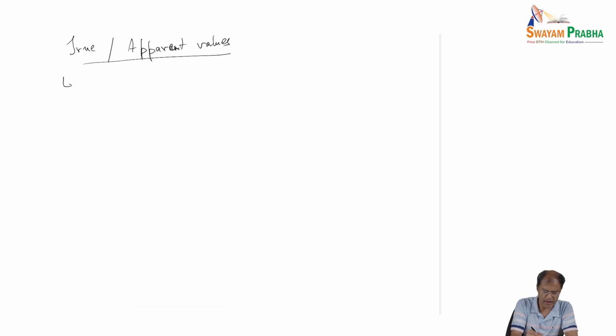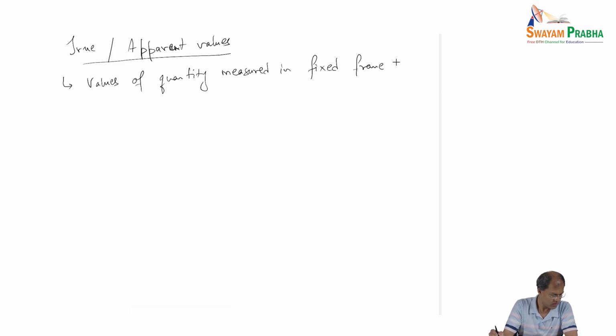The values of a quantity measured in the fixed frame is F, and the values of the quantity measured in the moving frame is F prime. And the fixed frame quantities are the true values and the moving frame quantities are the apparent values.